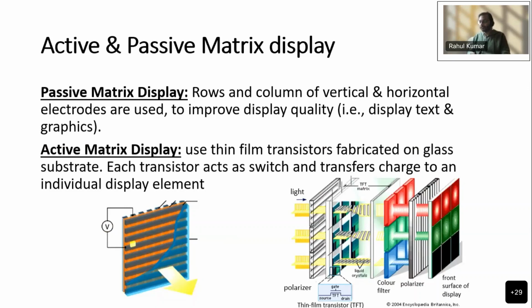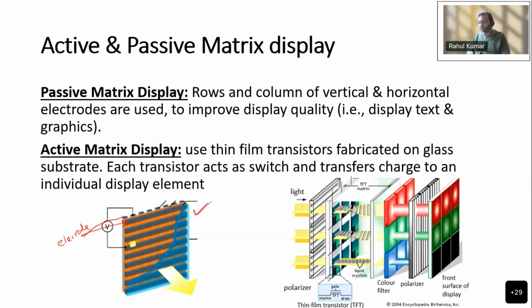So this is your passive matrix display. In this you can see you have some conducting electrodes, one in the front and one in the back.